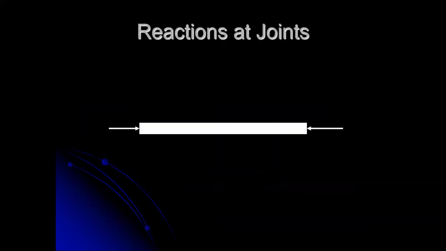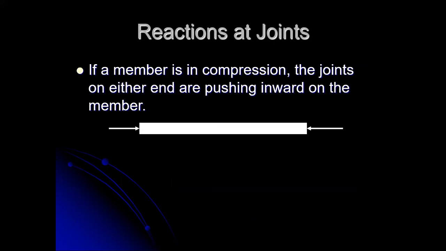So take, for example, a picture like this. Here is a member that is experiencing a force. This would be considered, for example, the free body diagram of the member. So it's everything from the member's point of view, and the member feels squeezed in. That's compression.